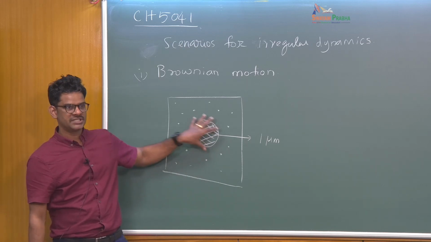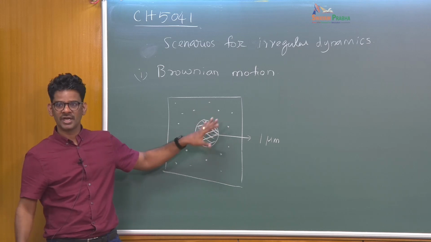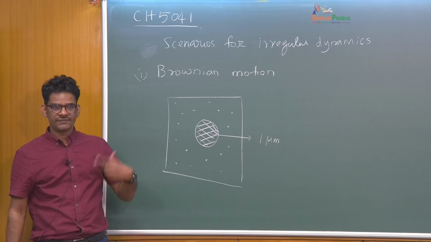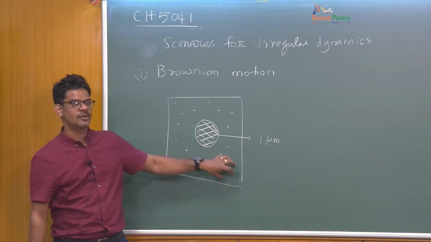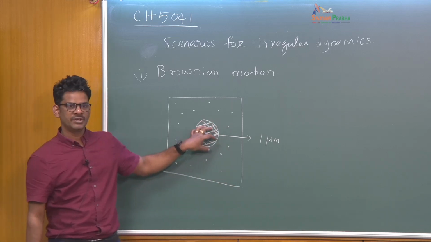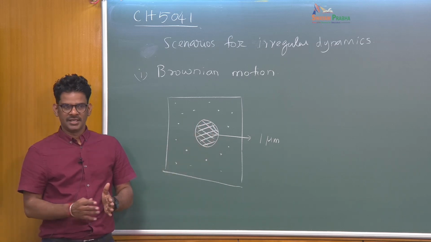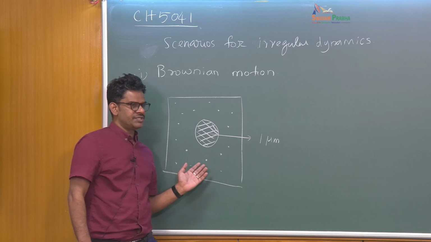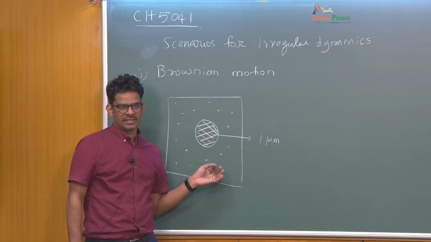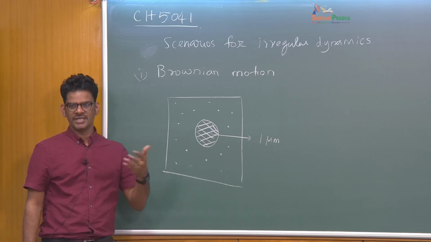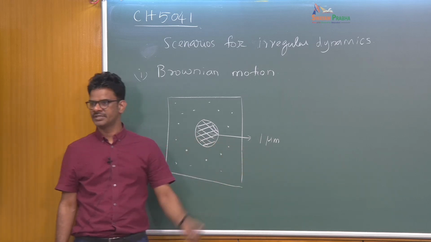The object is much larger, 3-4 orders of magnitude larger than the size of a solvent molecule. As a consequence, the dynamics of these molecules are very fast compared to the dynamics of this particle. If you look at a time scale, the time scale with which these molecules relax is very short compared to the time scale with which this particle relaxes. That consequence comes because of the size and dynamics.